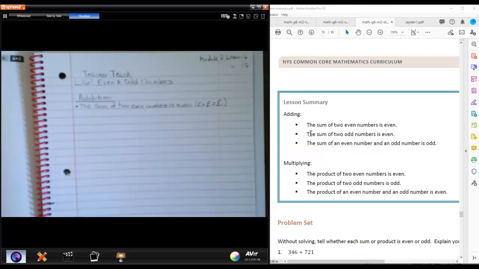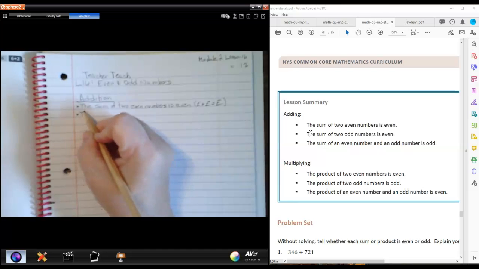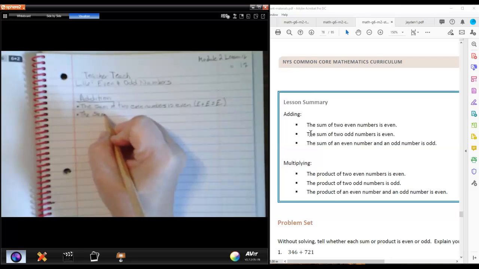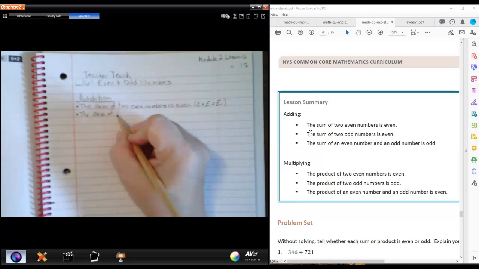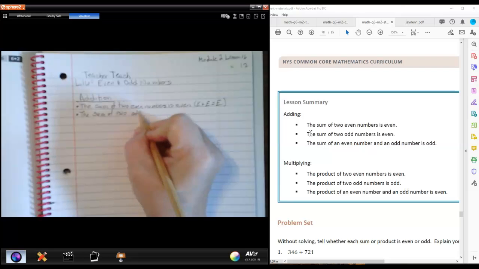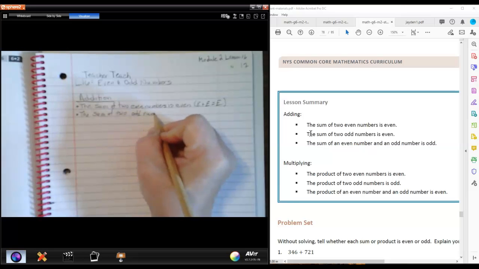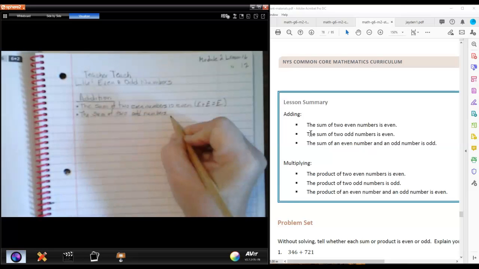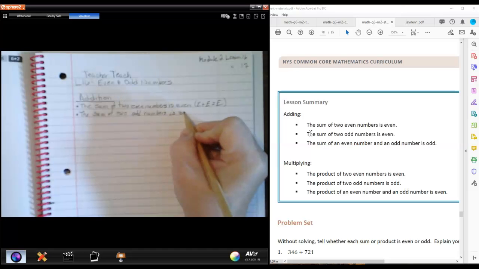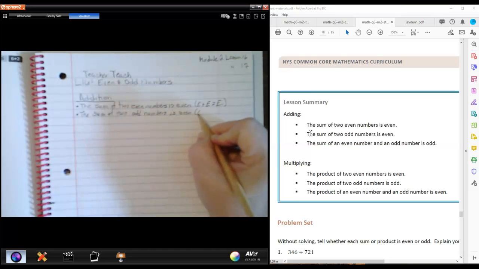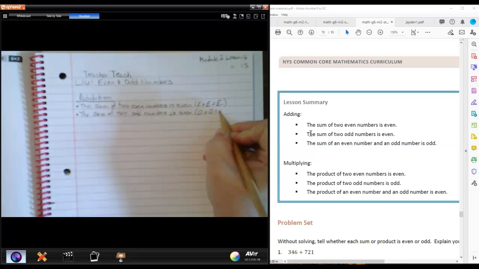The second one says the sum of two odd numbers is even. Okay? The sum of two odd numbers is even. So that means odd plus odd equals even.